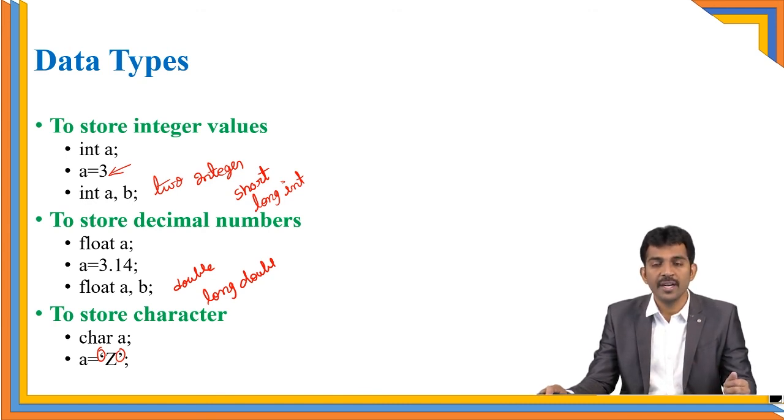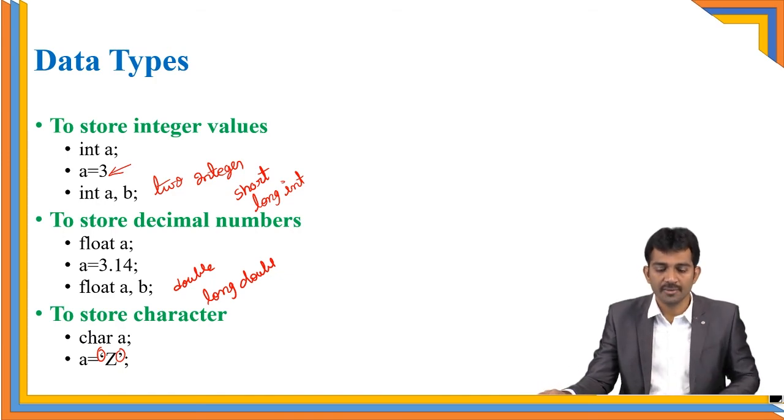And sizeof is the operator by which you decide the size of a particular data type. The sizeof operator returns the size in bytes, not in bits. You have to convert bytes into bits. You know 1 byte contains 8 bits. Is this clear? Yes, thank you.